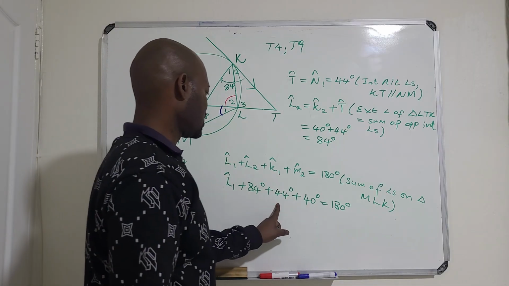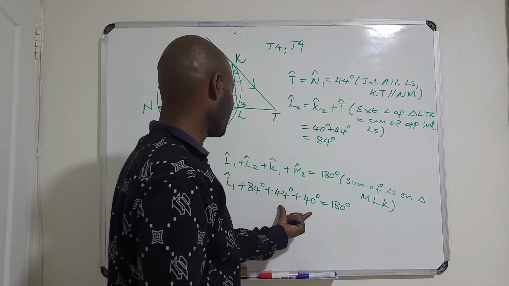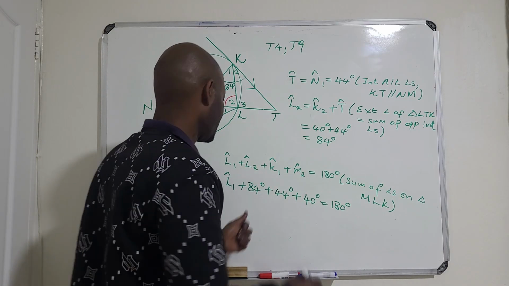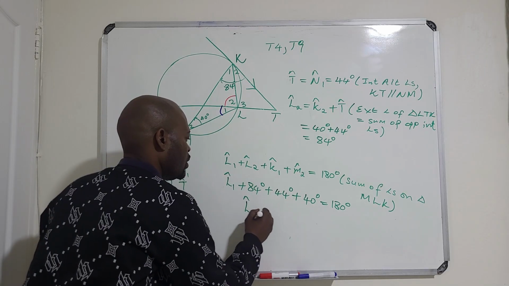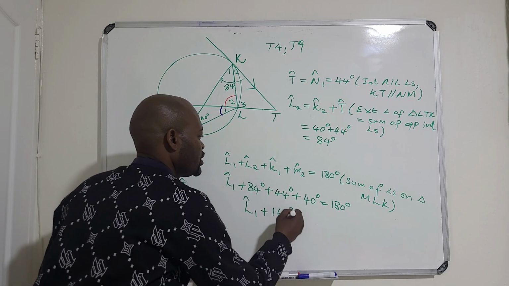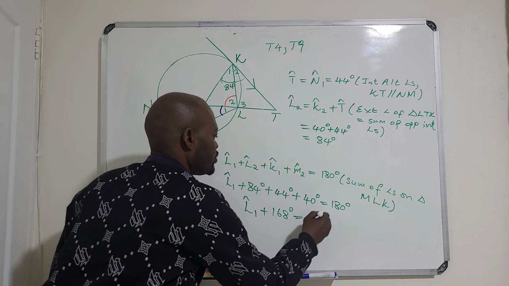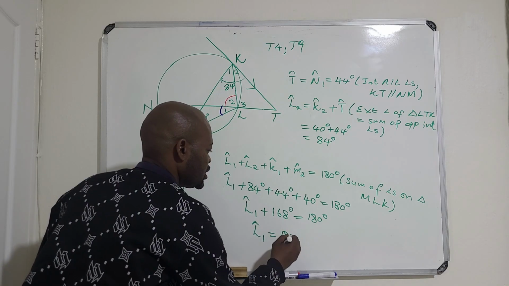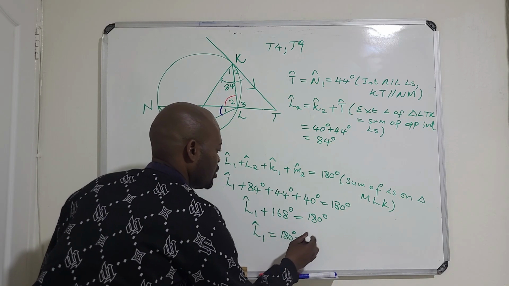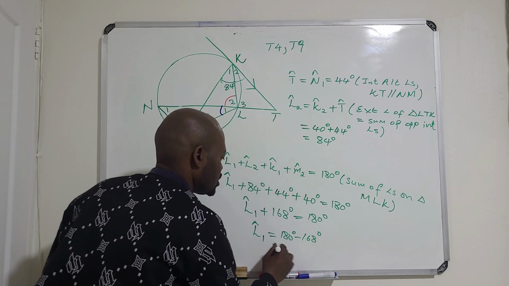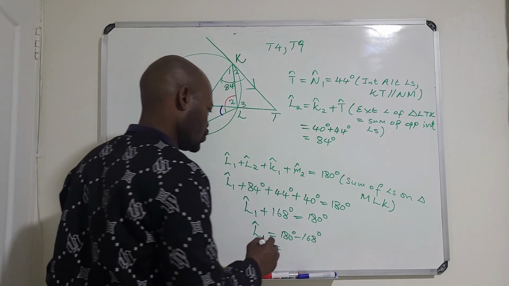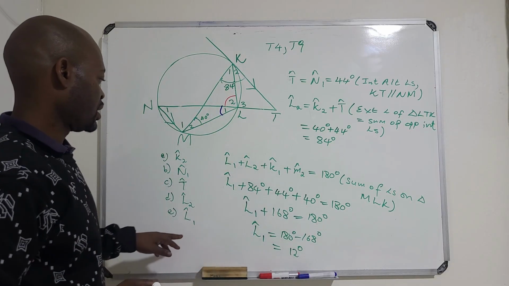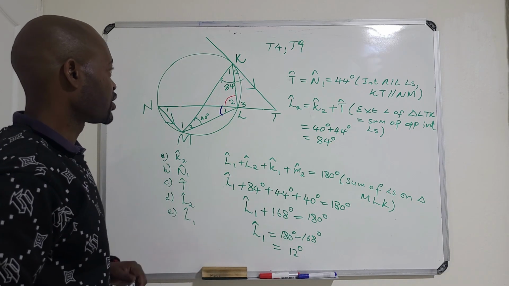Now, this plus that, so this is 84 plus 84, which is 168. Angle L1 plus 168 degrees is equal to 180 degrees. Now, angle L1 is equal to 180 degrees minus 168 degrees, which is equal to 12 degrees. My L1 is equal to 12 degrees.